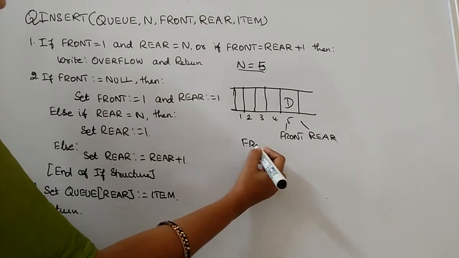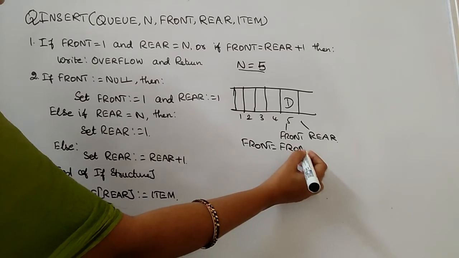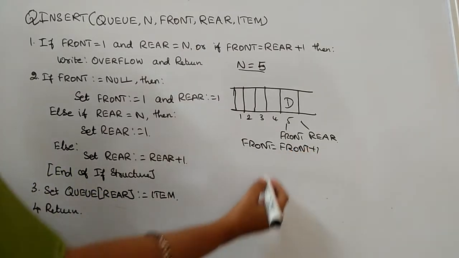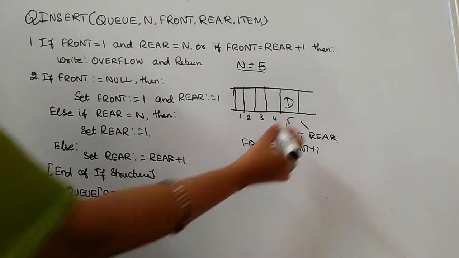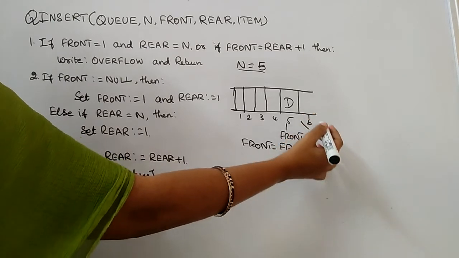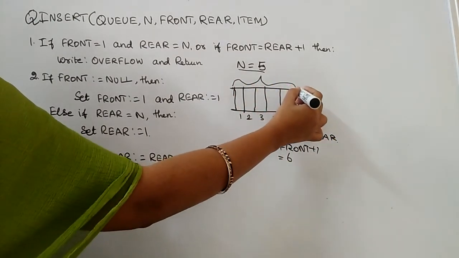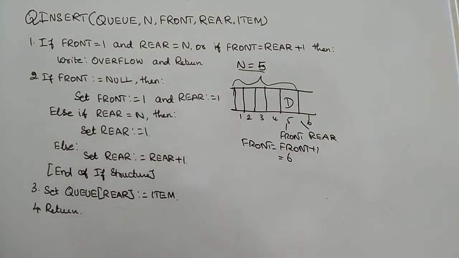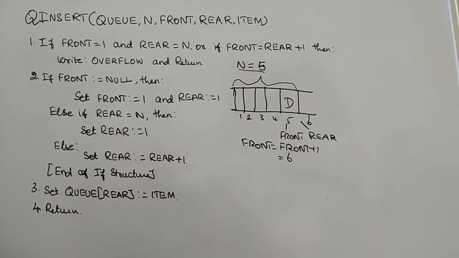In such a case front is equal to front plus 1, which means you will have 6. If it is 6, it is pointing to a location which is not within the size of the queue, because the size of the queue is 5 only.